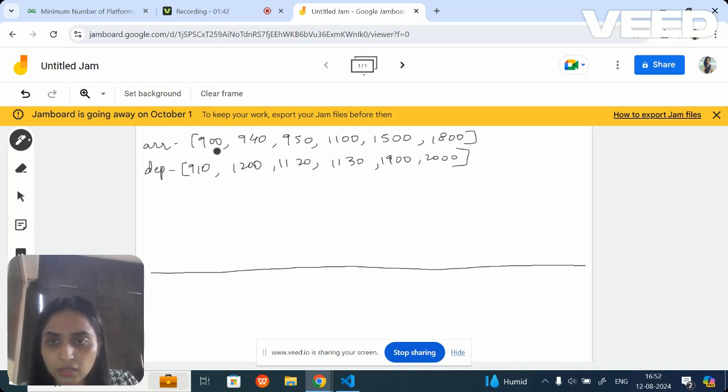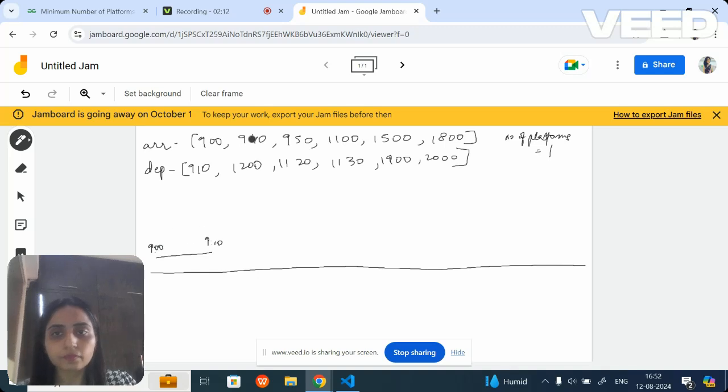The first train arrives at 9. Just imagine that the number of platforms I have is 1. So the first train arrives at 9 o'clock, and that leaves at 9:10.